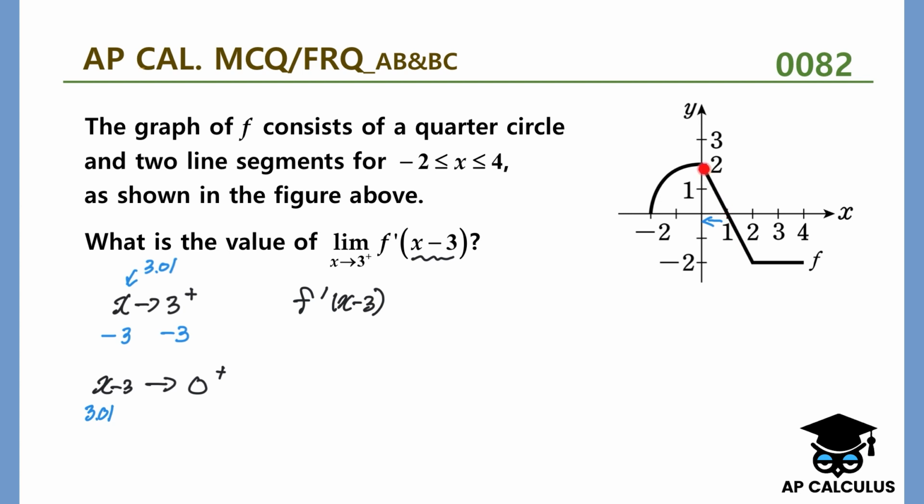If it's a line, the slope is always constant. What is this slope? Rise over run. Rise -2, run +1. Slope is -2, right? Slope of this line is -2. So f prime of x minus 3 approaches -2. That's our answer.